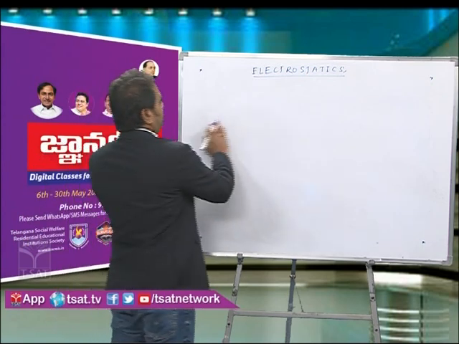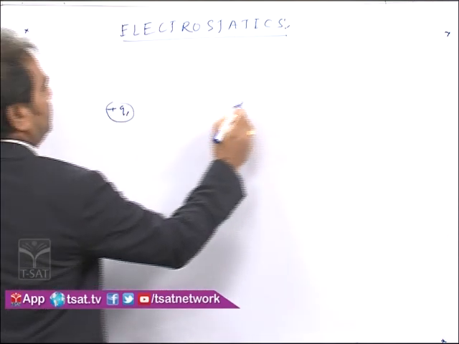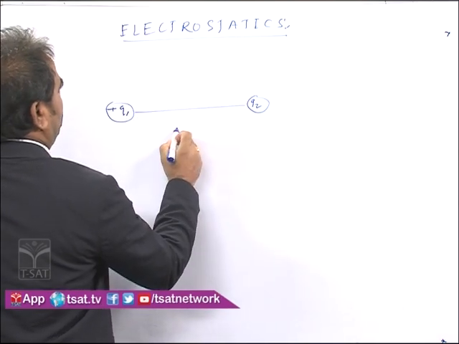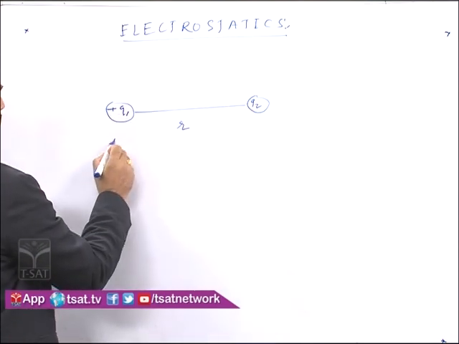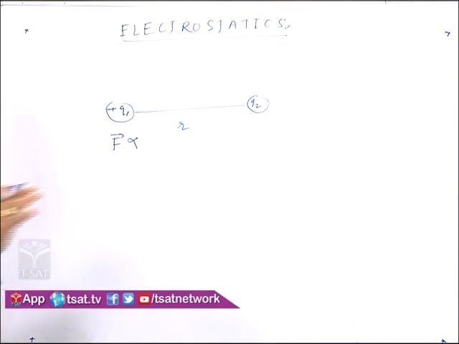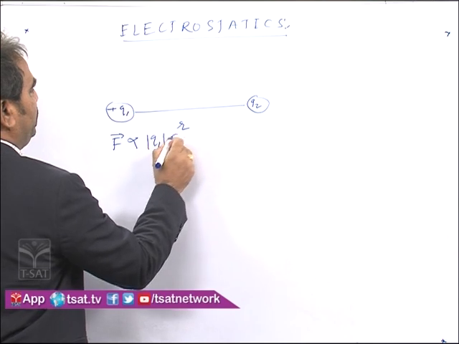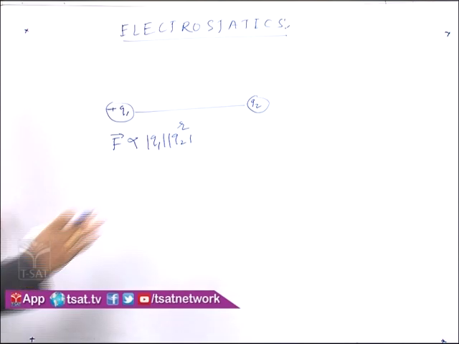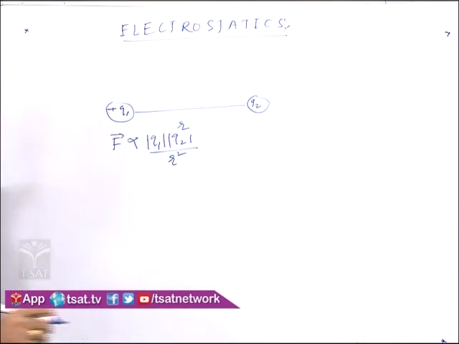Let me consider two charges, Q1 and Q2. They are separated by a small distance r. The force of interaction between these two charges, F, is directly proportional to the product of the magnitudes of these two charges, that is mod of Q1 into mod of Q2, and inversely proportional to the square of the distance between them, that is r square.